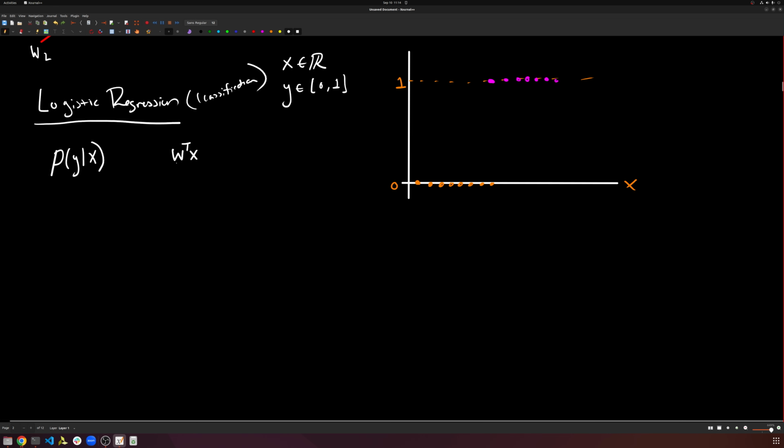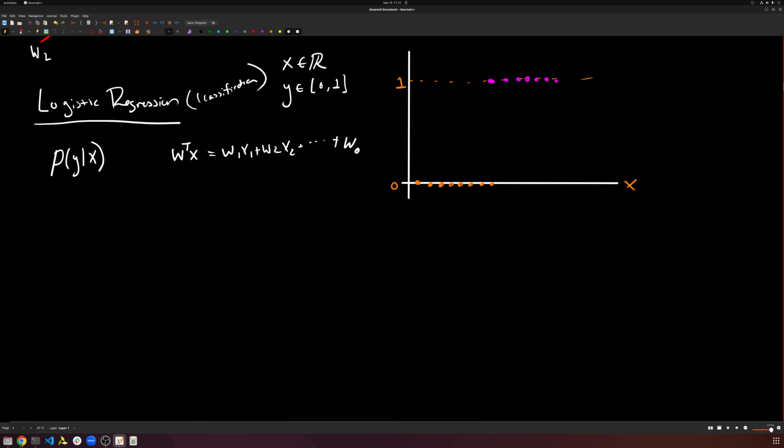Where we saw before, this is just going to be w1 x1 plus w2 x2. I think I wrote it as xw in the last one, but it's the same thing. It's just the dot product between two vectors, so it doesn't really make a difference. Oh, and then plus w0, of course, our intercept term. So that's our setup for this.